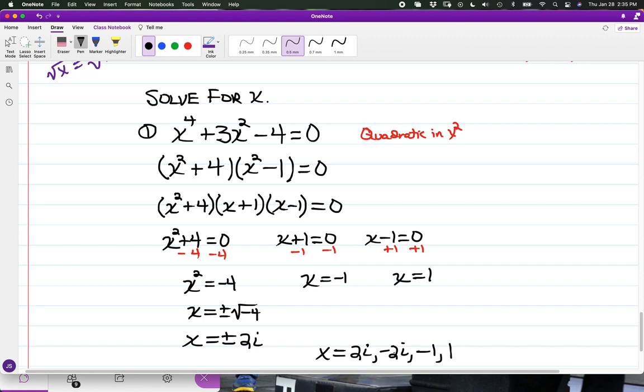So you have two complex solutions, 2i and -2i, and two real values in the solutions, negative and positive 1.